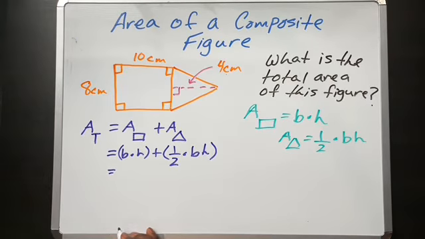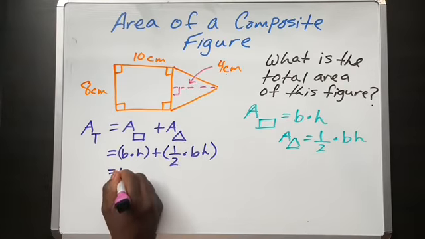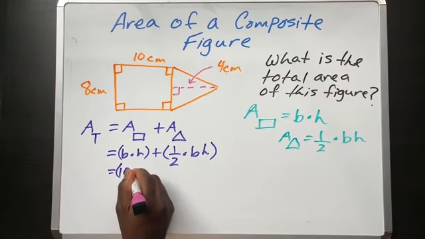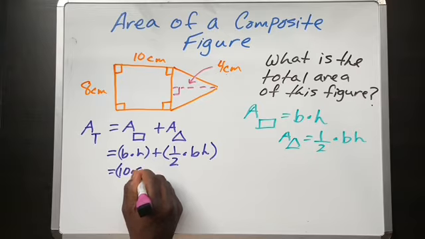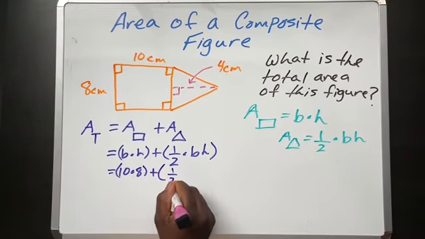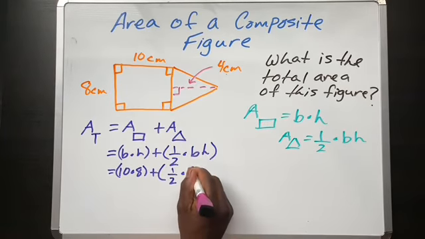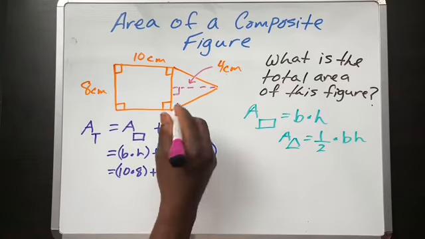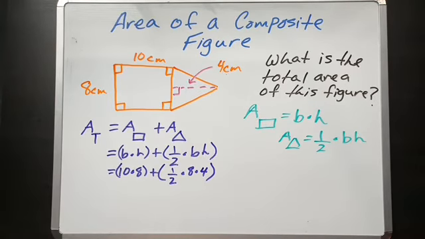So the base of this rectangle is 10, times the height, which is 8, plus 1/2 times the base of this triangle, which is 8, times the height, which is 4.